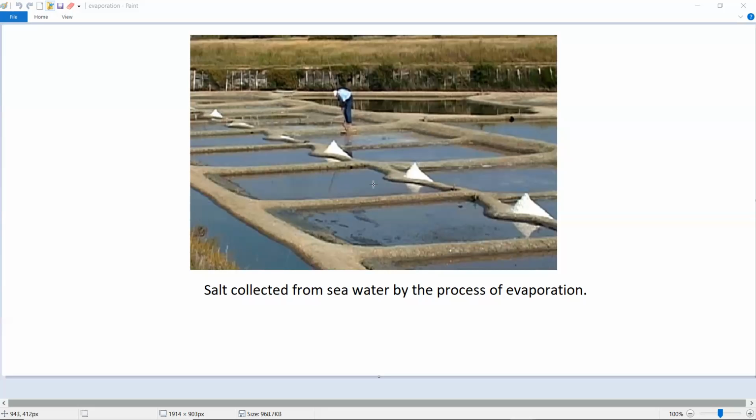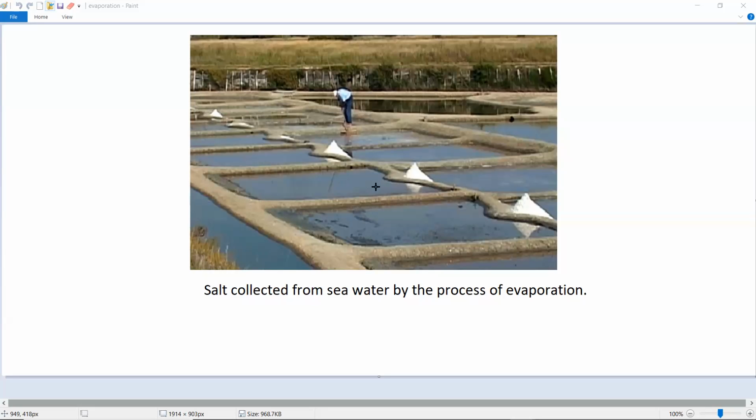Salt from seawater is separated by the method of evaporation. In this, seawater is collected in shallow beds and allowed to evaporate in the sun. When all the water is evaporated, the salt is left behind.